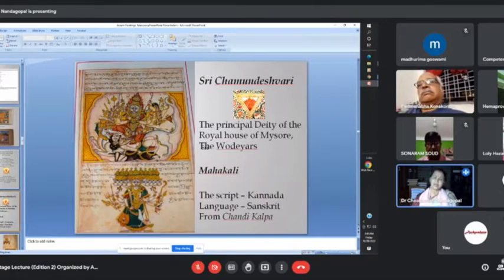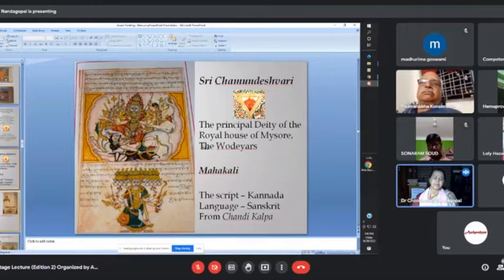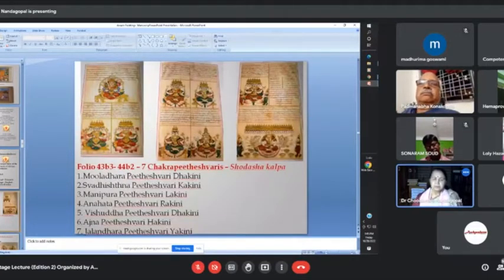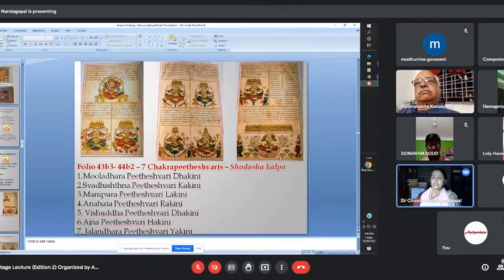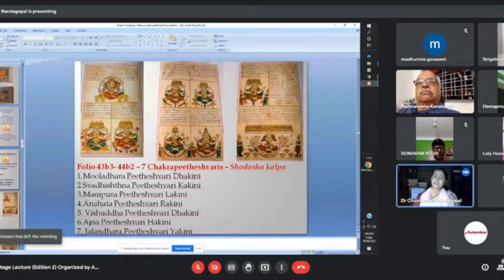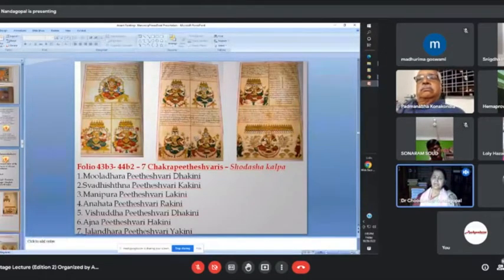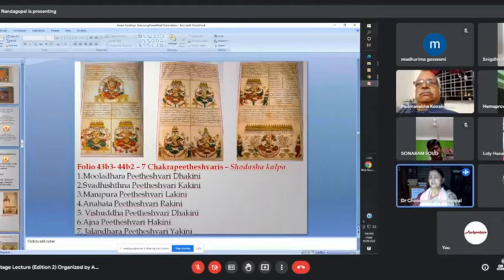So this is the Mahakali, and she has been represented. Look at the way these paintings of the Devi are done. So this is from the Shodasha Kalpa, a text. So these are all Chaturapitheshwaris, and they have given each one of them the name, their characters, their features, and their role, not only in the nether world but also in the human world.